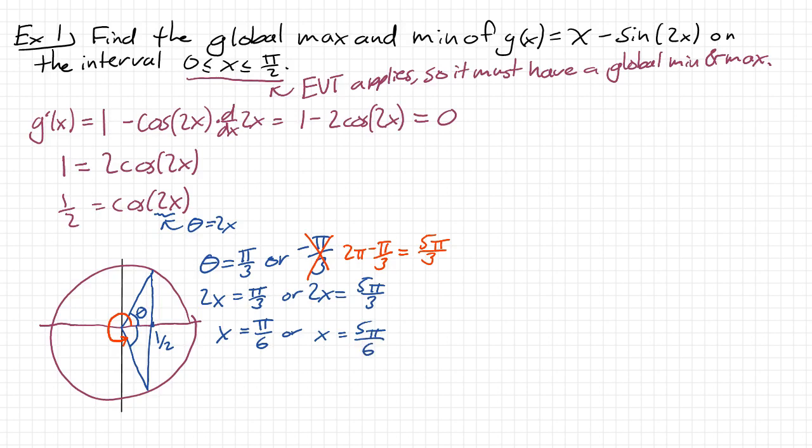And let's see, 5 pi over 6 is actually not allowed because it has to be between 0 and pi over 2. So that one's out. This is the only critical point. So when you have that, we can then see what our candidates are.